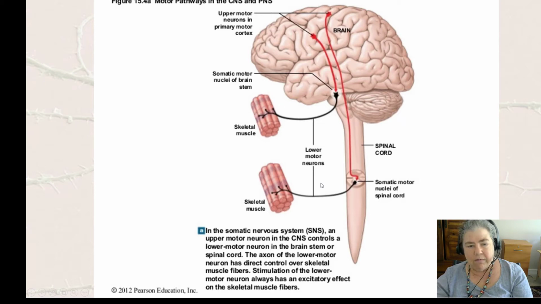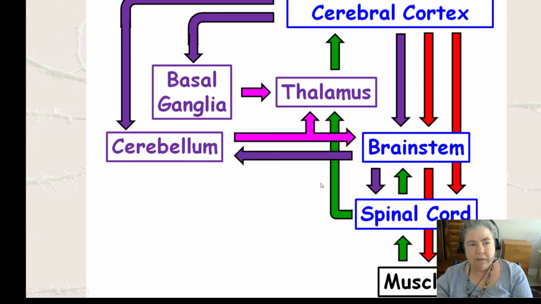So here we are showing pathways involved with movement. The signals generated in the cerebral cortex are processed in places like the basal ganglia and the cerebellum, depending on the kind of movement it is. It is relayed in the thalamus.